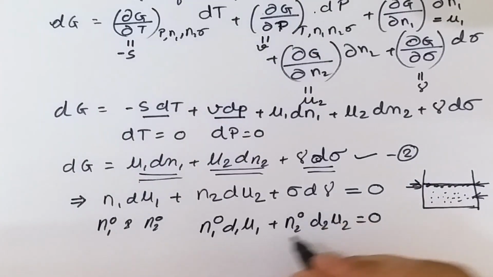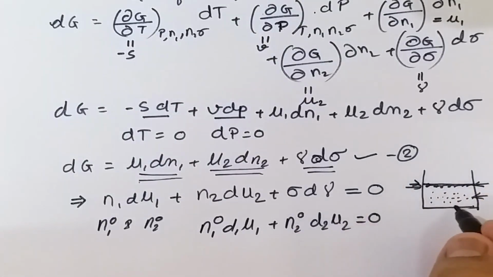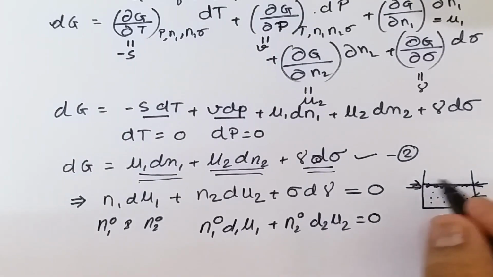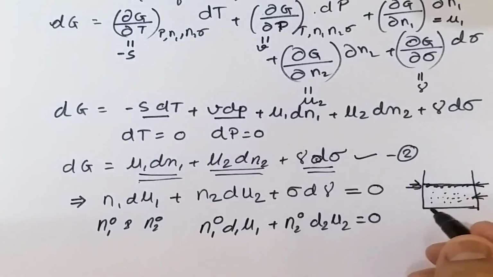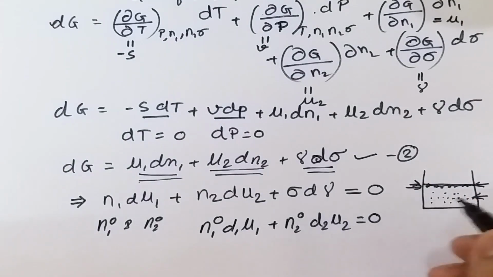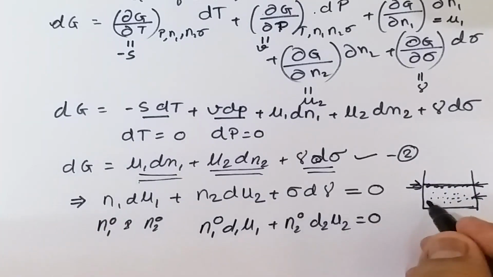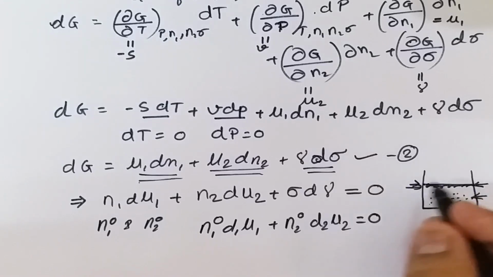So as the system is always under equilibrium, the chemical potential of all the constituents in the bulk as well as on the surface will be the same. And if we disturb the equilibrium, a new equilibrium will be attained, wherein again the chemical potential of both the components in the bulk as well as the surface phase will be the same.